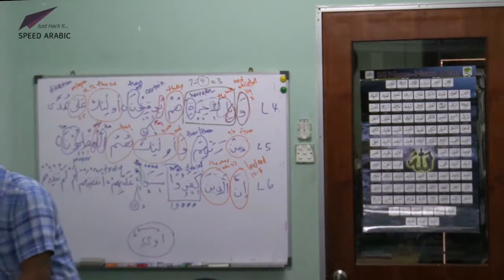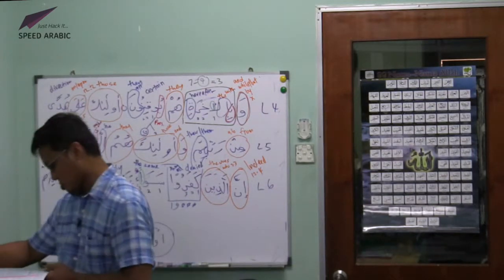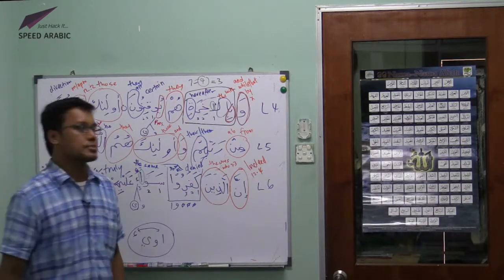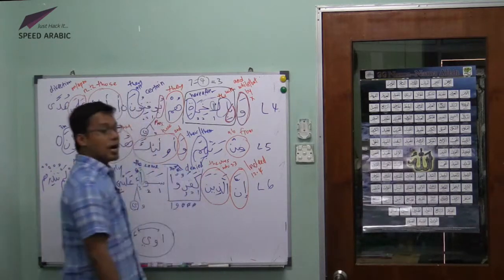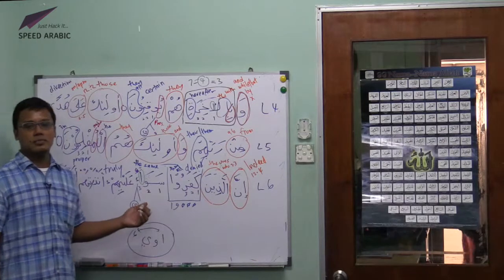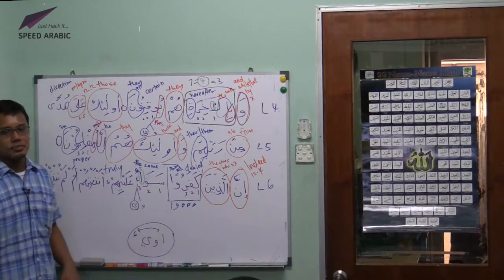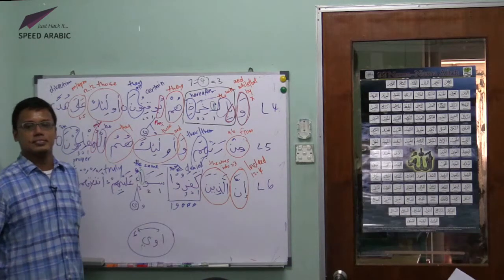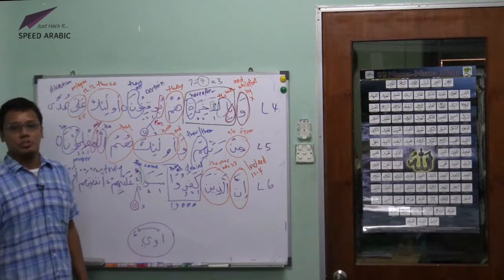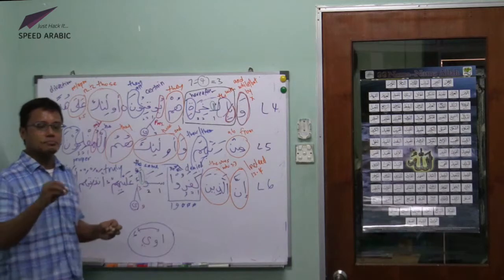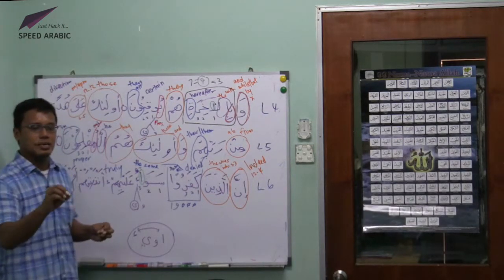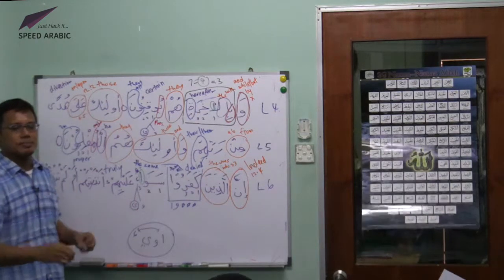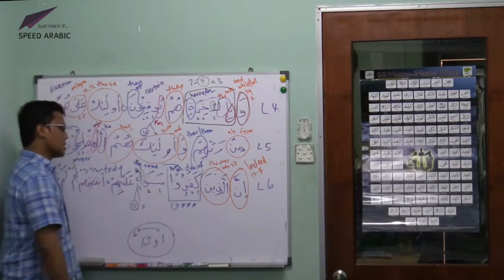It's 16.9. Fa'al, sawa, the form is fa'al, which means verbal noun, right? That's why you find the meaning in the dictionary as equalness, sameness, because sawaun is a verbal noun.